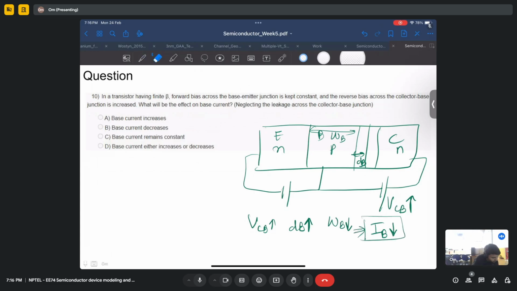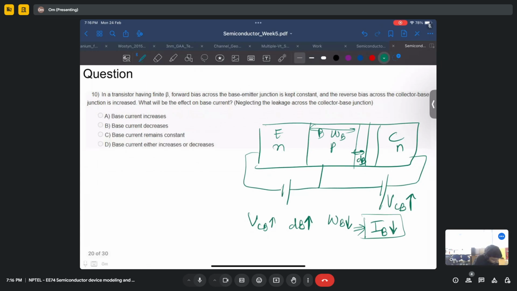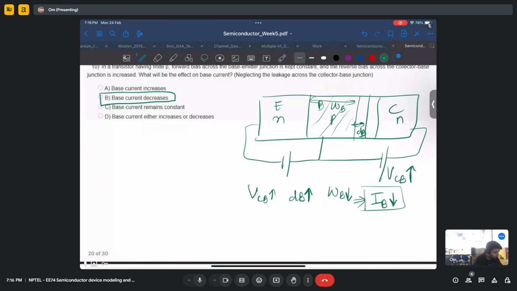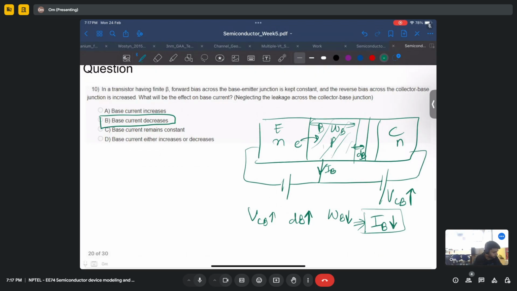Base current decreases because there will be less area for recombination here. That's the major source of base current, right? The electrons which are injected here are recombined with the holes in the base to give the base current. And with lesser width, the base current will decrease.